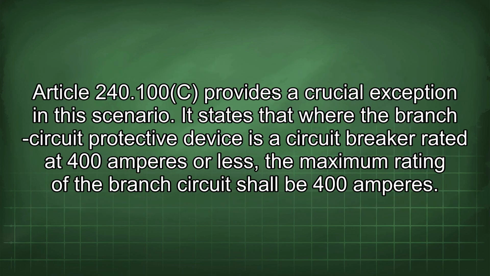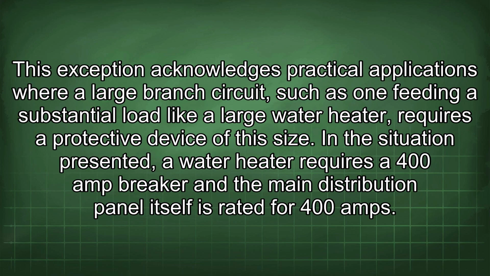Article 240.100c provides a crucial exception in the scenario. It states that where the branch circuit protective device is a circuit breaker rated at 400 amperes or less, the maximum rating of the branch circuit shall be 400 amperes. This exception acknowledges practical applications where a large branch circuit, such as one feeding a substantial load like a large water heater, requires a protective device of this size.